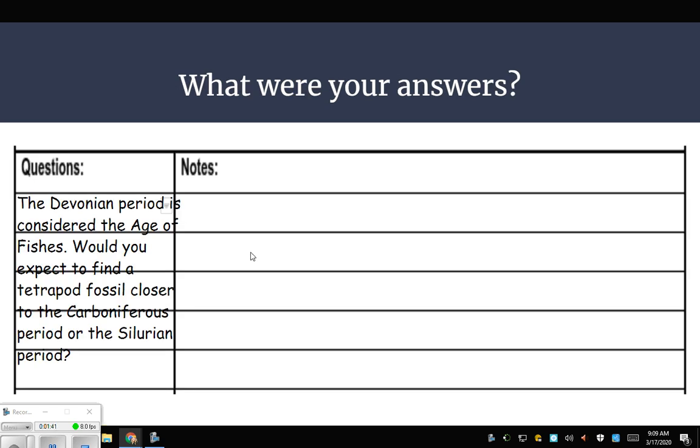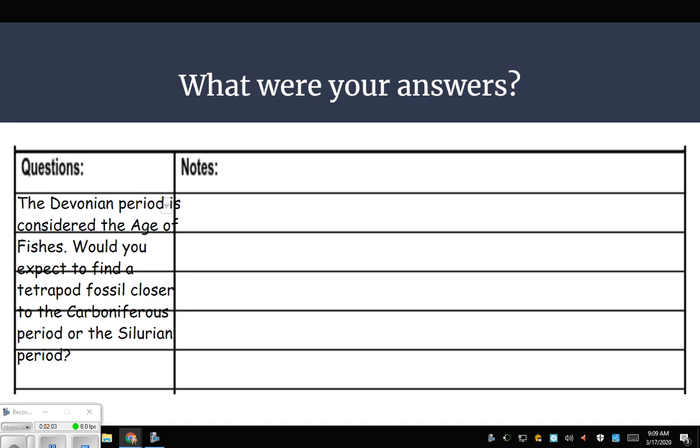So let's go over some key questions. The Devonian period is considered the age of fishes. Would you expect to find a tetrapod, an animal with 4 legs, fossil closer to the Carboniferous period or the Silurian period, and why? Your answer should be something to this effect.